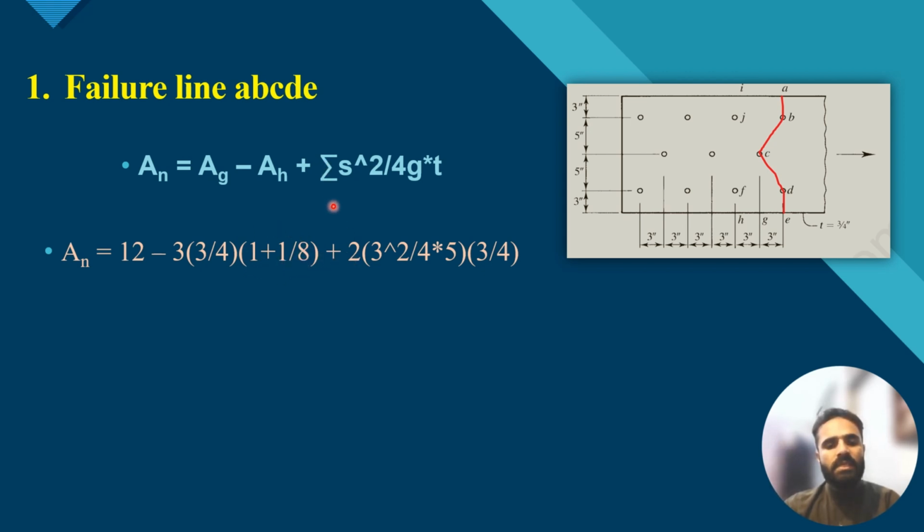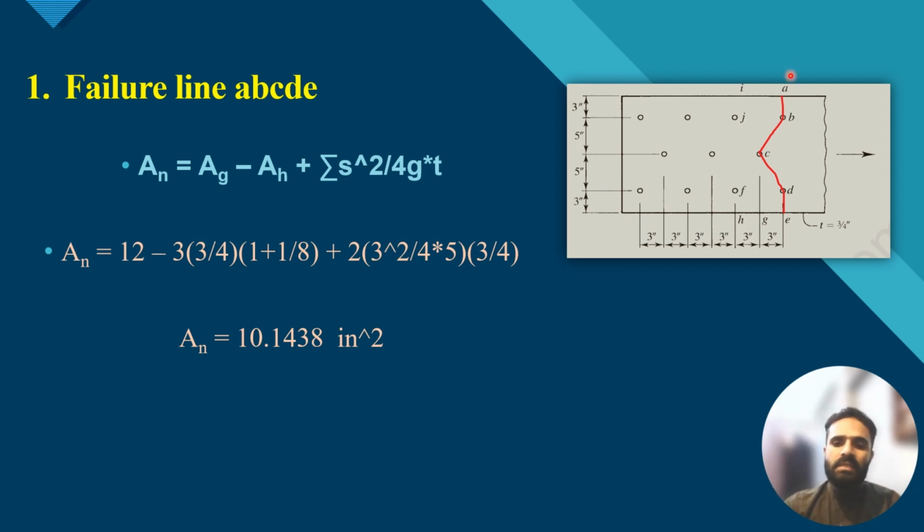This summation denotes how many inclined paths there are. There are 2 inclined paths, so instead of summation we will use 2 into S squared, which is 3 inch, 3 square divided by 4 into G, where G is 5 inches, multiplied by thickness. After doing the calculation, we get the net area for this section as 10.1438 inch square. Remember this is the net area in case of staggered failure.